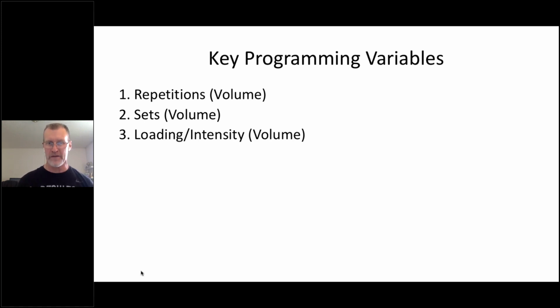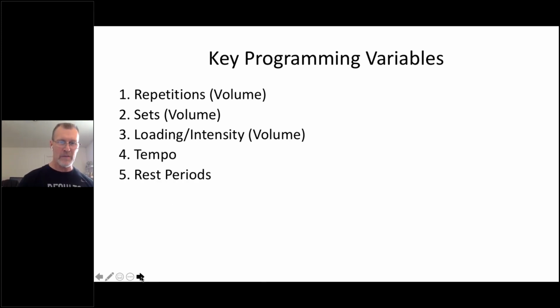That's what we're going to spend the bulk of the time talking about today. This is a big umbrella when we talk about loading or intensity, because it also encompasses pure intensity in terms of intensity of load or intensity of effort. It also can include that progression plan that I mentioned earlier. So that's a gigantic one with a lot of little sub categories underneath it.